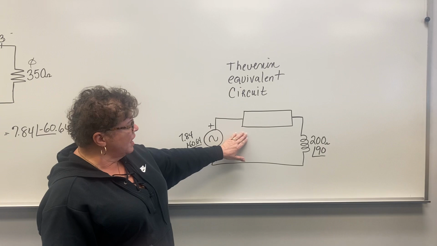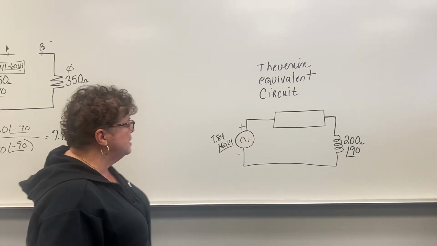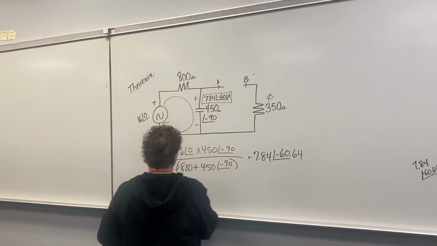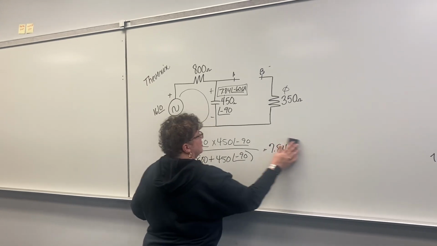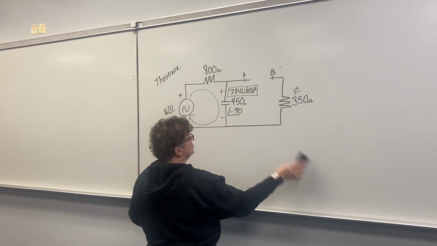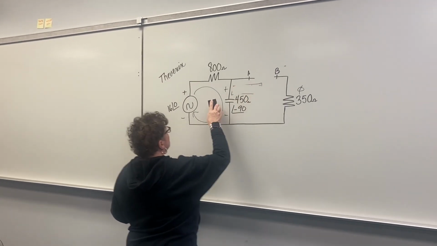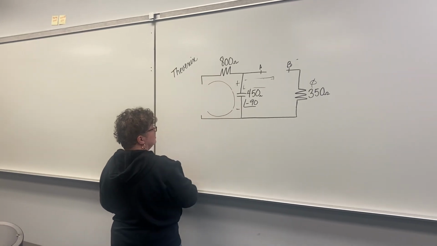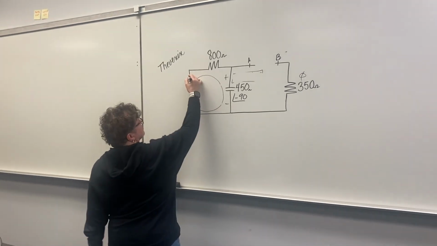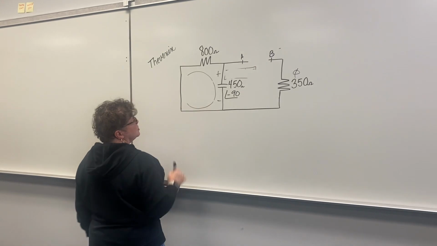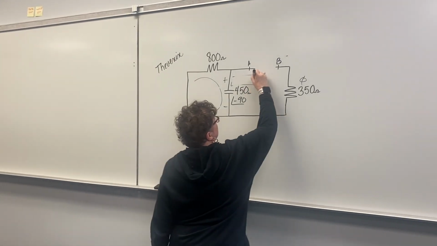Then we have to get our ZTH, which is basically Z total. With your original circuit, you short batteries, you open currents, and you minimize the circuit. You put a fake battery here.